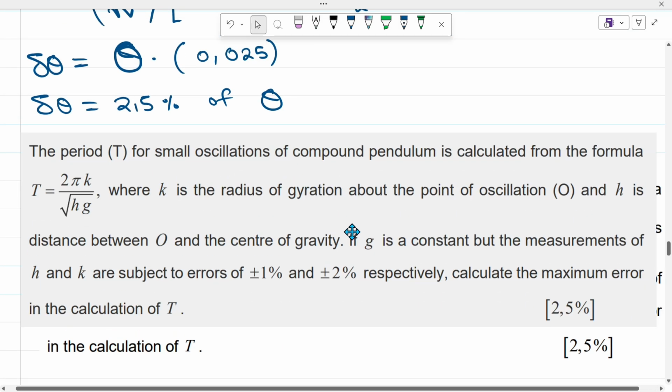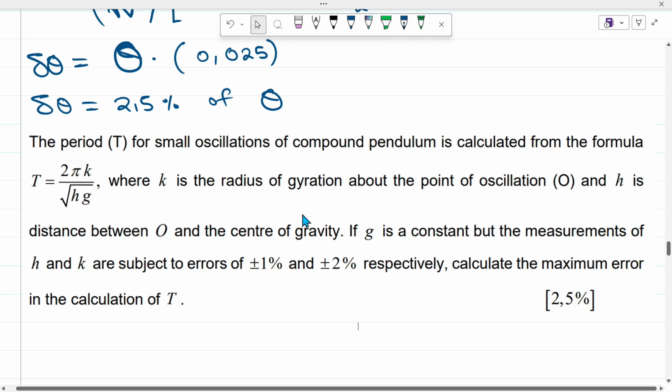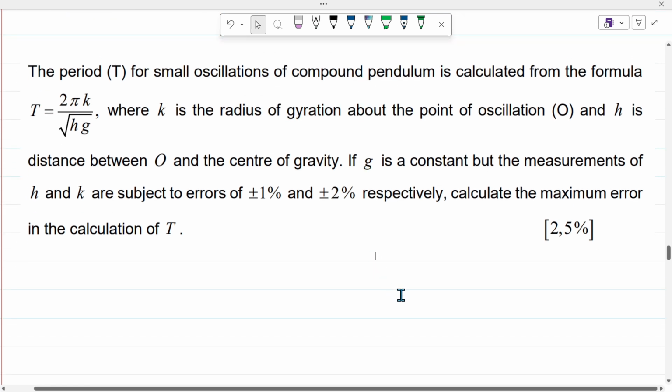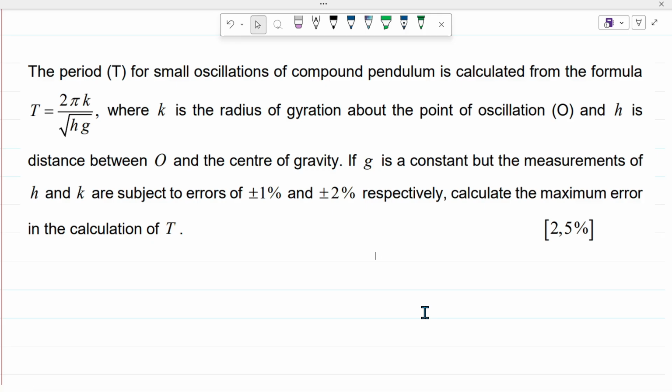So for this other question, we have the period T for small oscillations of a compound pendulum, calculated from the formula T equals 2 pi root of (k squared plus h squared) over g h, where k is the radius of gyration about the point of oscillation O, and h is the distance between O and the center of gravity.